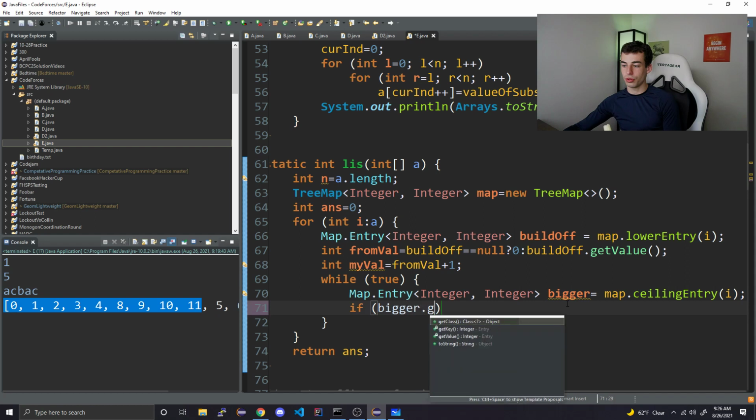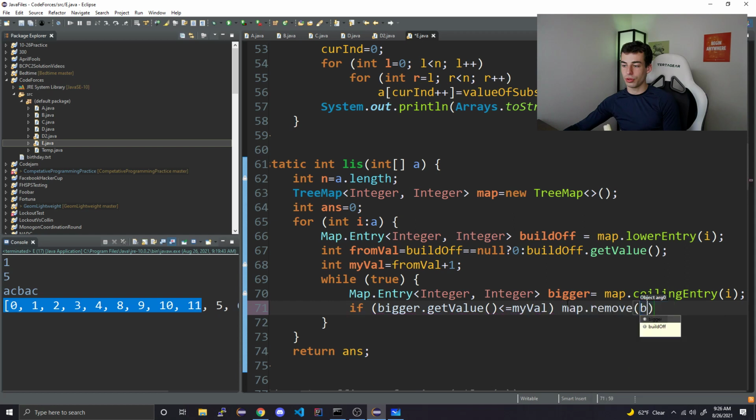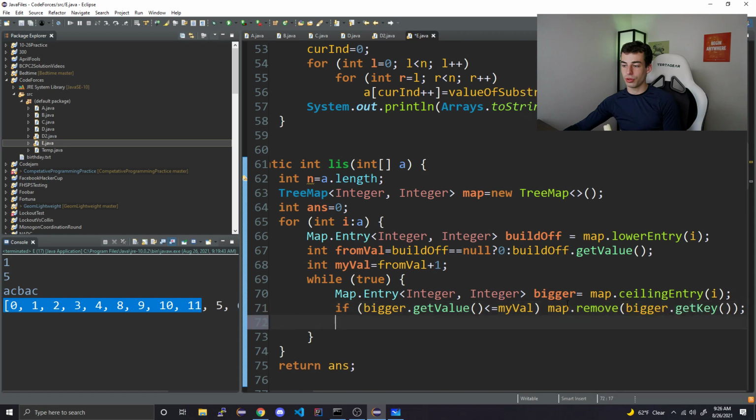If bigger dot get value is less than or equal to my val, then map dot remove bigger dot get key. Else break.